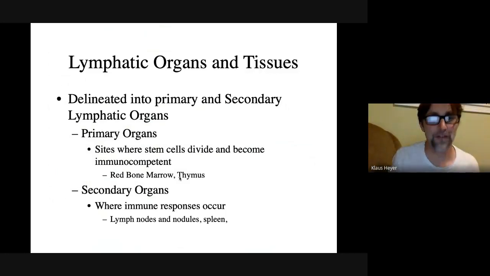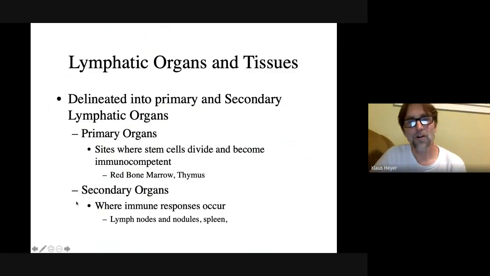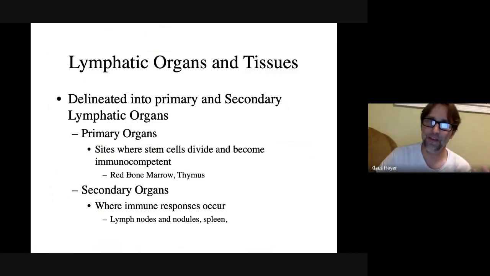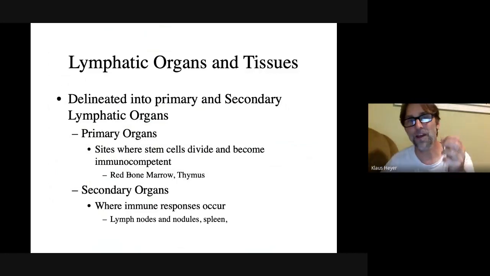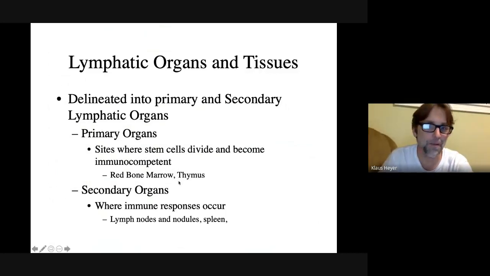Just where do you go to basic training, right? The B cells stay in the red bone marrow. That's what the B is for, bone marrow. They're born there, and their basic training is also there. Whereas T cells are lymphocytes that were born in the red bone marrow, but they go to the thymus for their training. That's where the T comes from.